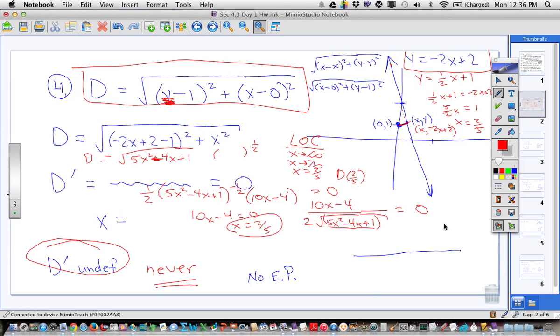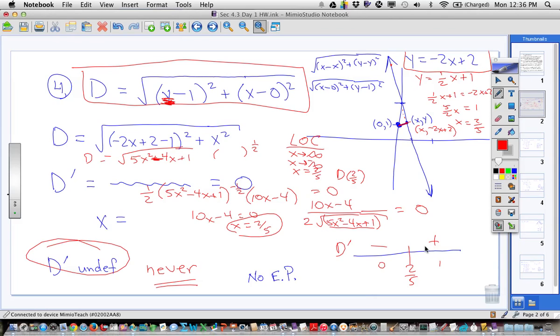Or you could do a number line, actually. Anytime you don't have endpoints and you have a one candidate situation, probably the easiest thing is to do a number line. D prime, put a number here, you get negative, you get a positive, when you plug that back into your d prime here. And then you'd have to say something with the word always, like we were saying a minute ago.